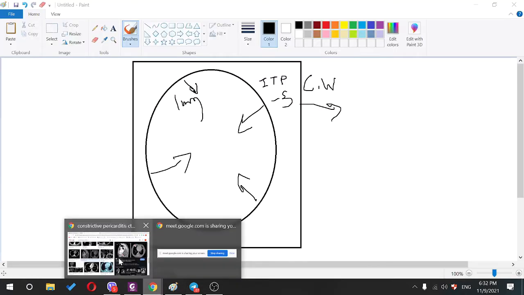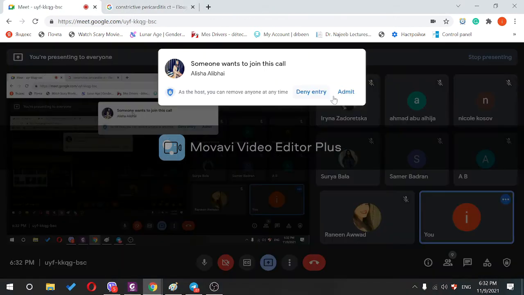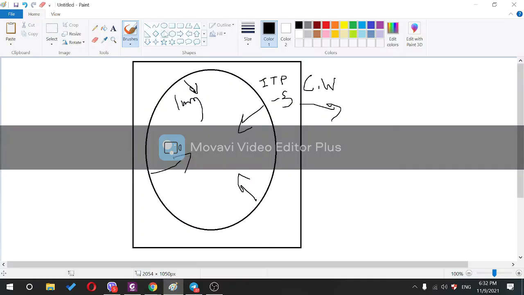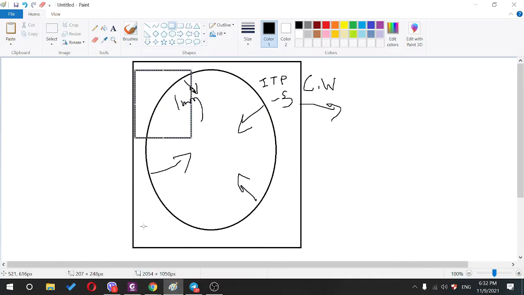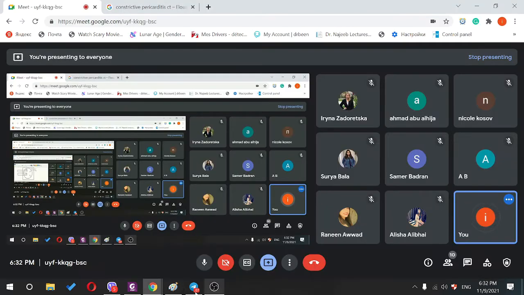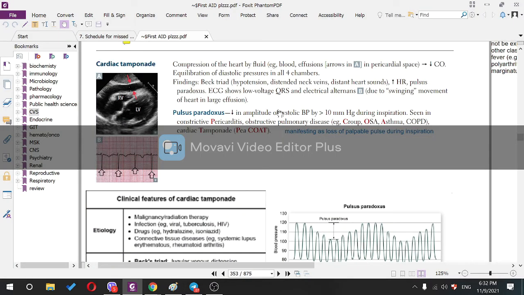Exactly, so it wants to compensate. And how does it compensate? It brings the blood from other cavities, including the what? The inferior and the superior vena cava. So if it brings blood from the inferior and the superior vena cava, you have more blood going back to your chest.